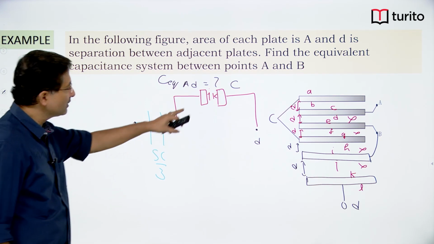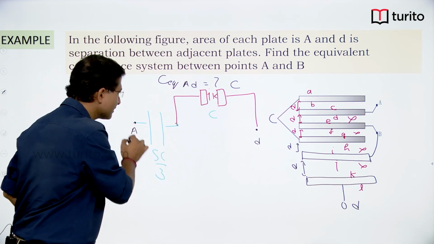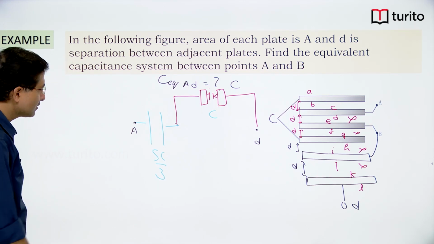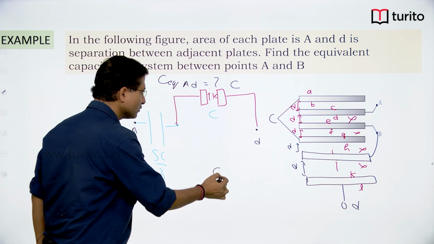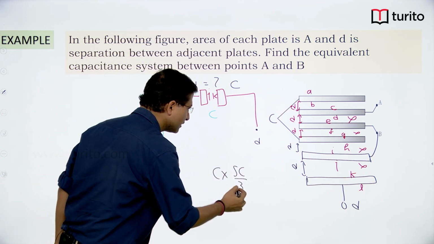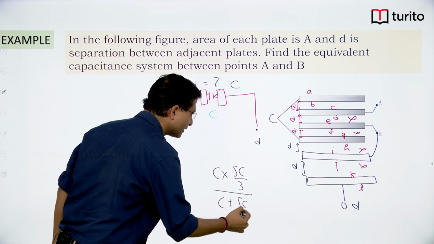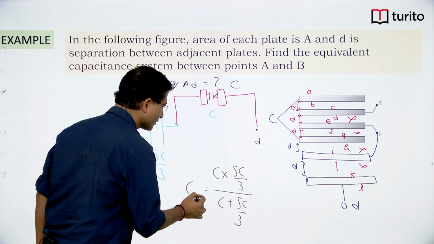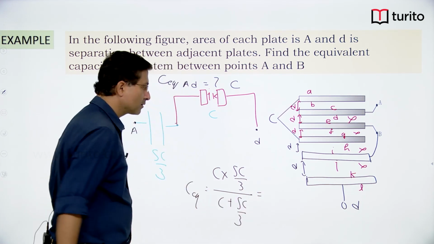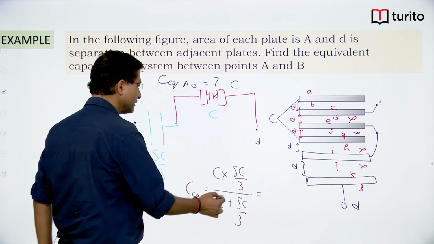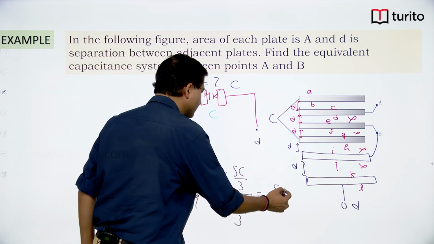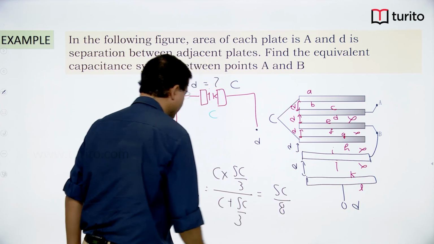This 5C by 3 and this C are connected in series. So across AD, the capacitance will be C into 5C by 3 divided by C plus 5C by 3. Simplify this, 3 will get cancelled out and you can see 8 over here, that means 5C by 8.